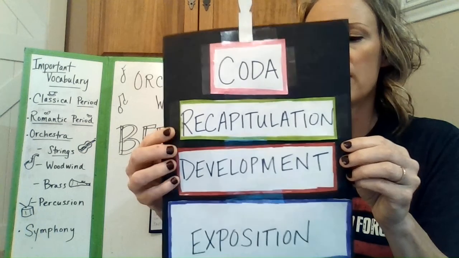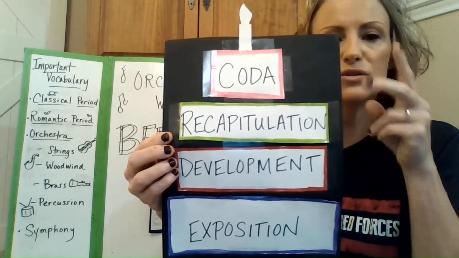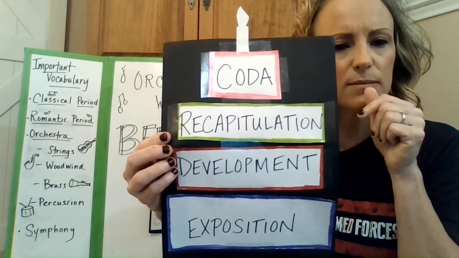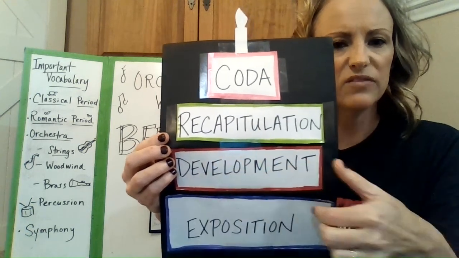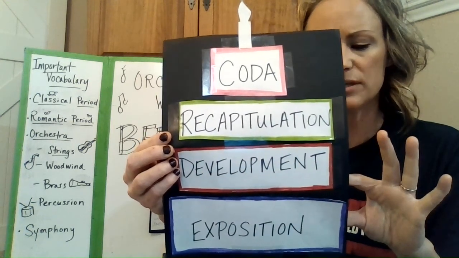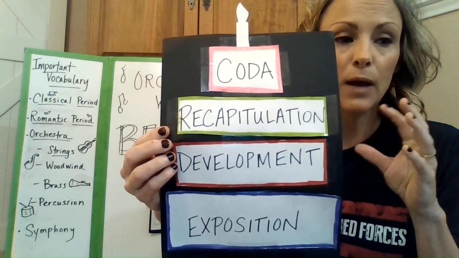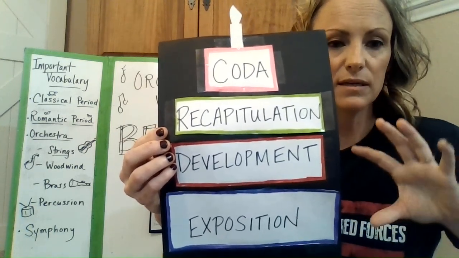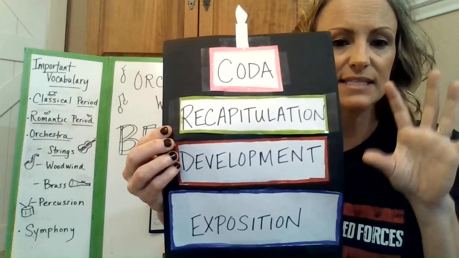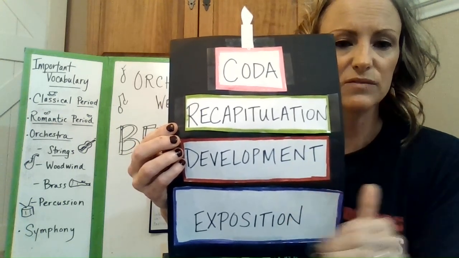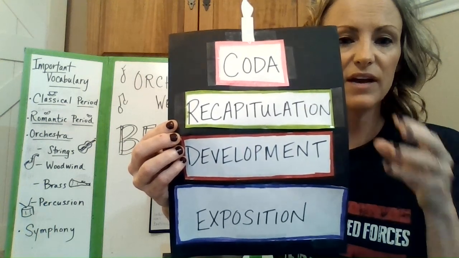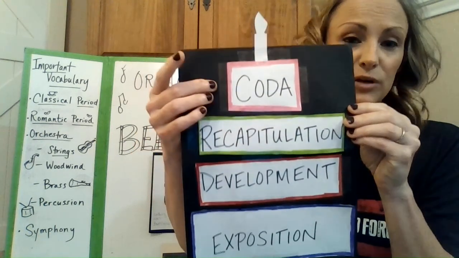Then there's the development, where he makes those two themes a little more interesting, and he intertwines them together. Then there's the recapitulation, where he separates them again and does the high, low, fast, intense, loud, and then the trickling, peaceful. And the very last one is the coda, which is my favorite.